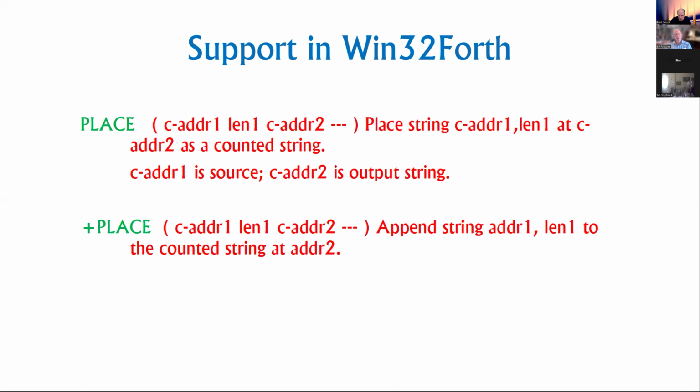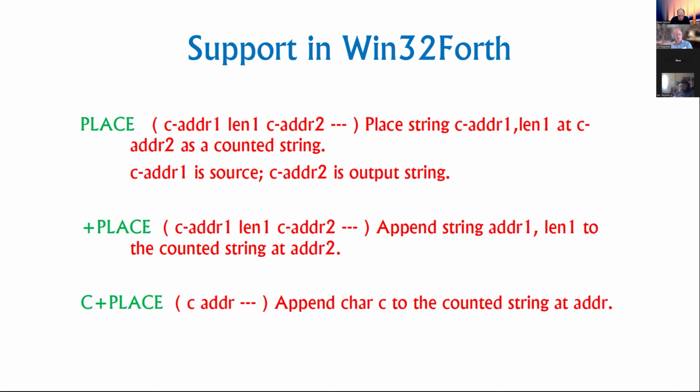The second one, though, is to concatenate or add a string. So once you've started your string with place, then use plus place to add to it. So this is used to add, in our case, selectively add ASCII digits to the input. We first transport the leading portion into our output buffer, and then selectively we take additional digits into it.